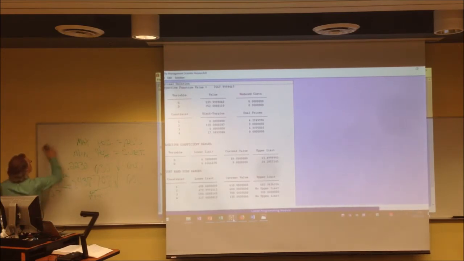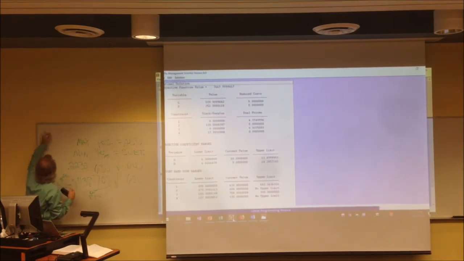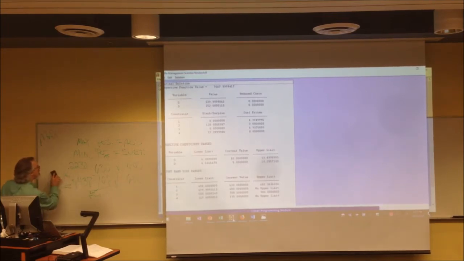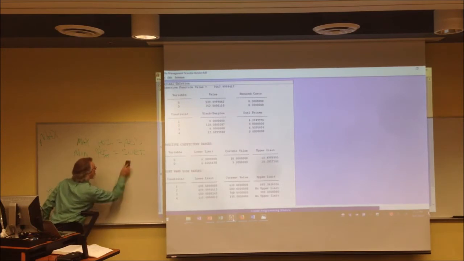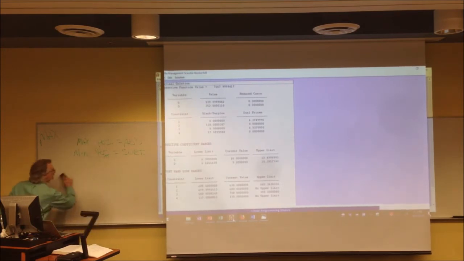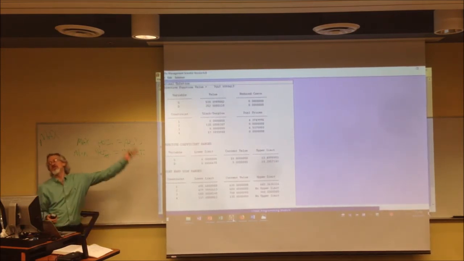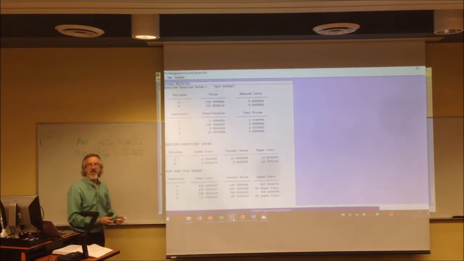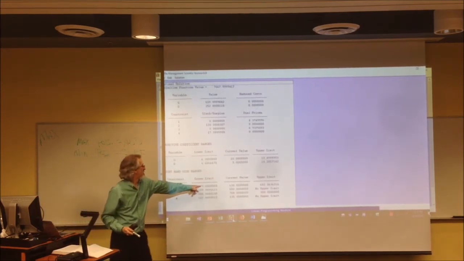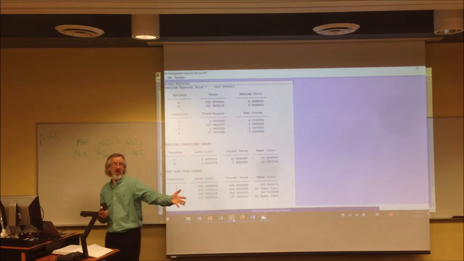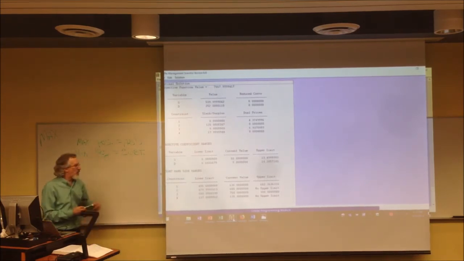Obviously, this time it's a max problem. Here we go. We're using constraint 1 and 3 because they're the only ones with dual values, so it makes sense. The 630 hours in the first department, in the first constraint, we now have more hours available.